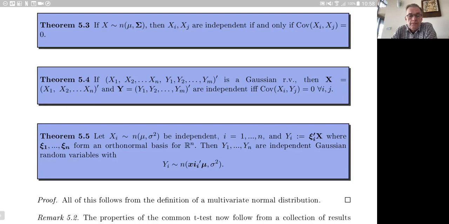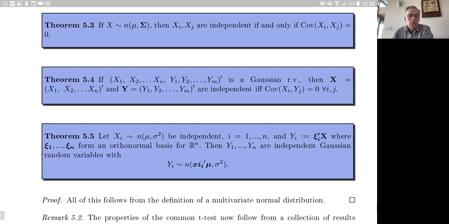Now, this last theorem is something which we will use, and this is supposed to say simply xi sub i. This is supposed to be a xi, one of these guys. So if we have an orthonormal basis, then these xi i's are all linearly independent.